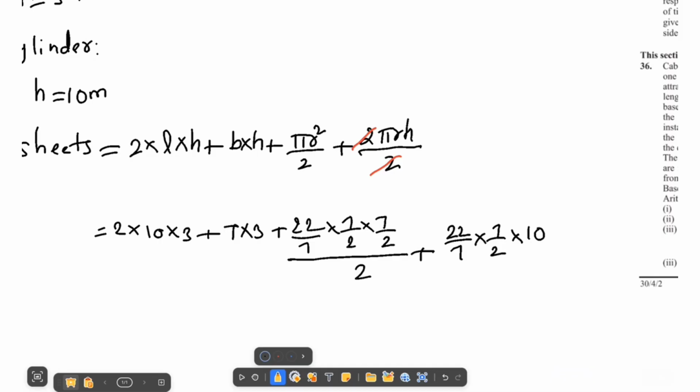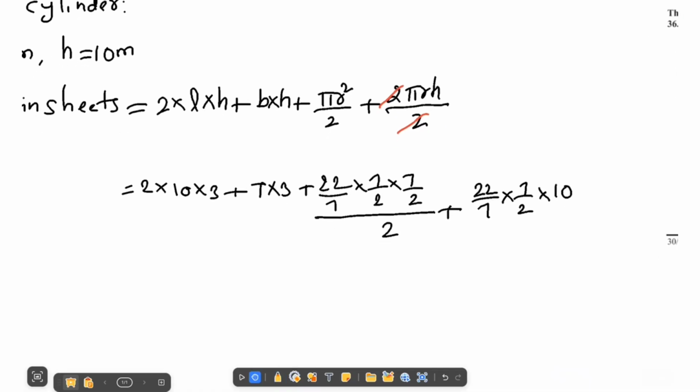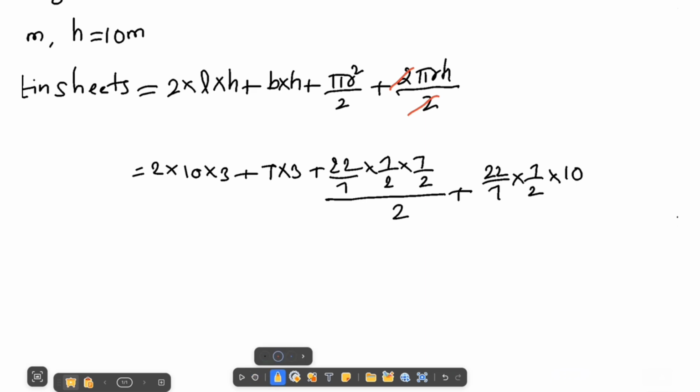Let's try to cancel here. 7 and 7 cancel. 2 ones are 2, 11 twos are 22. Here 7 and 7 cancel. 2 ones are 2, 11s are. Now what will we have here? 2 into 30 is 60, plus 7 threes are 21. In the numerator we will have 11 times 7, in the denominator 2 times 2.